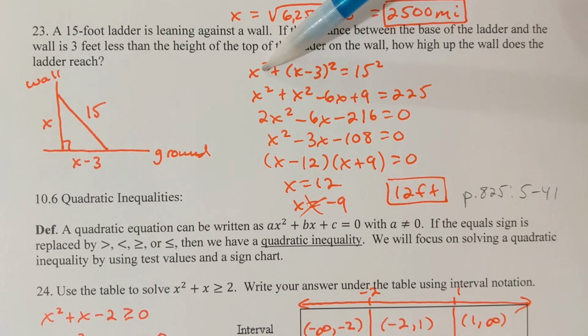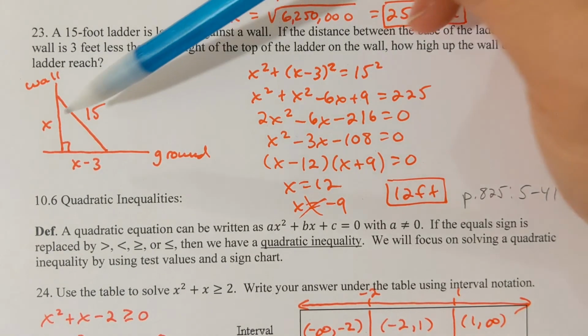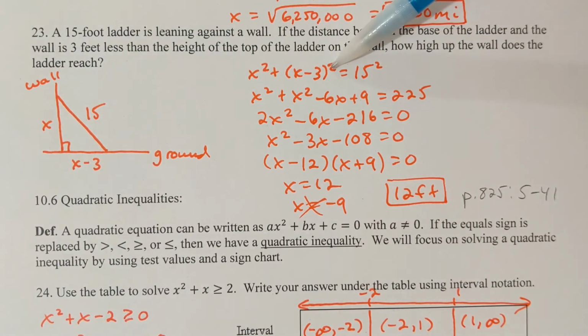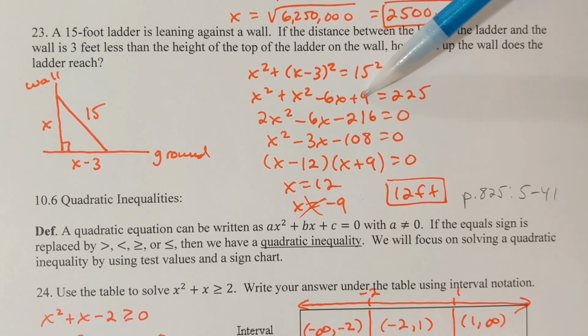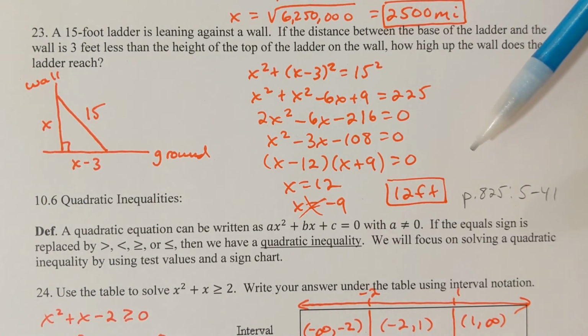The sum of the squares of the legs equals the square of the hypotenuse. As an equation, that would be x squared plus x minus 3 squared equals 15 squared. Then I'd have to solve for x. If you FOIL out x minus 3 times x minus 3, you would get x squared minus 6x plus 9. 15 squared is 225.